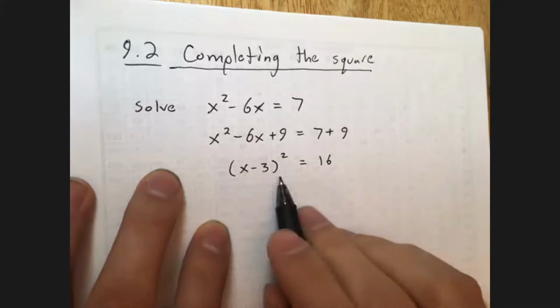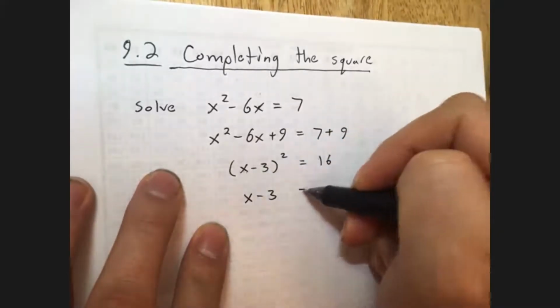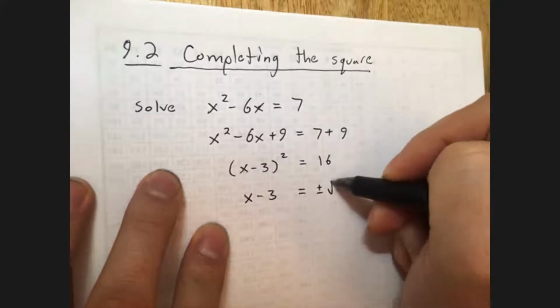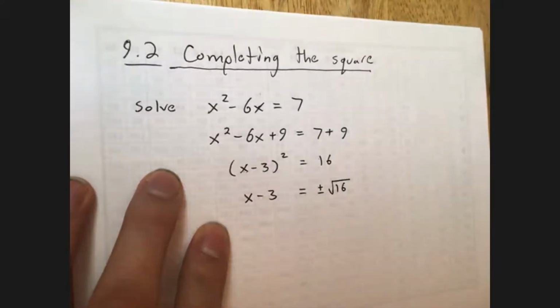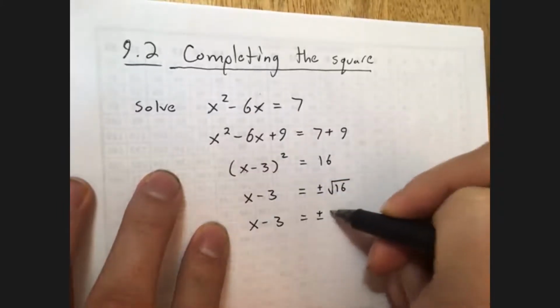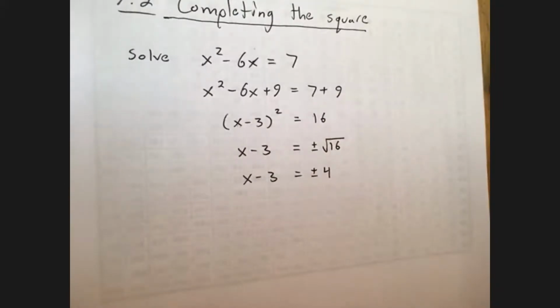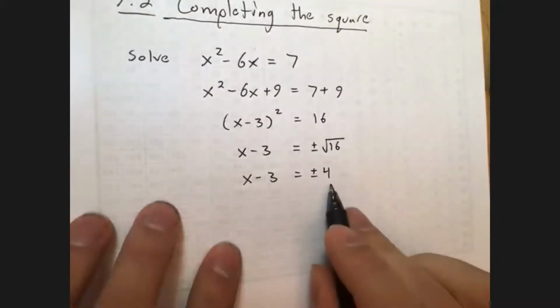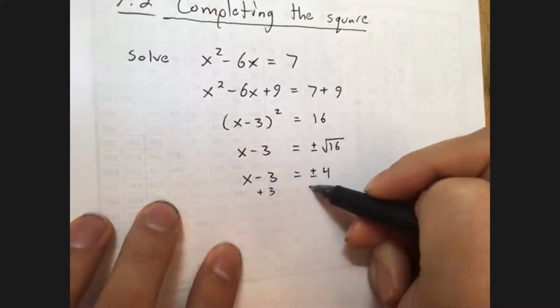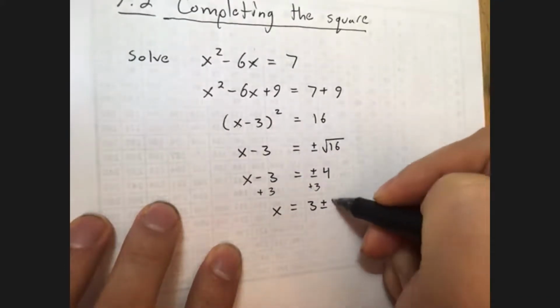So what will I do? I'll use the square root property. It says that x minus 3 is equal to plus or minus the square root of 16. In other words, x minus 3 is equal to plus or minus 4. If I add 3 to both sides, I get x equals 3 plus or minus 4.